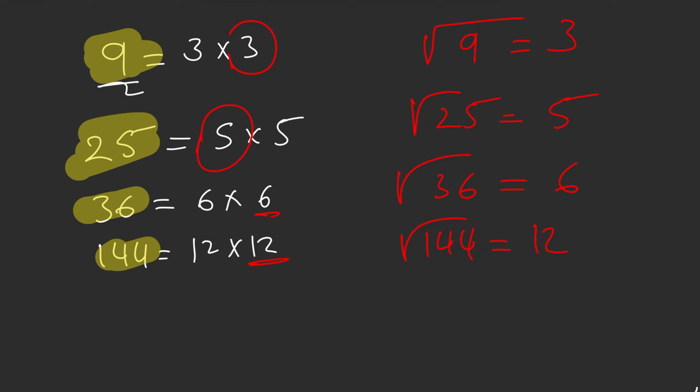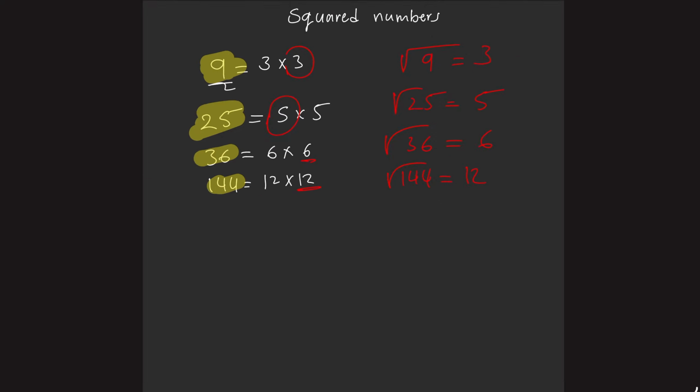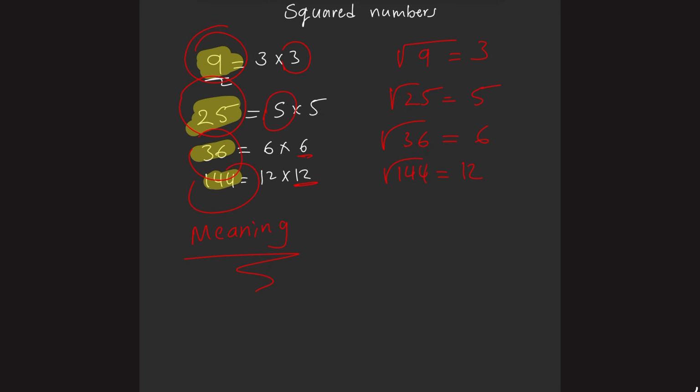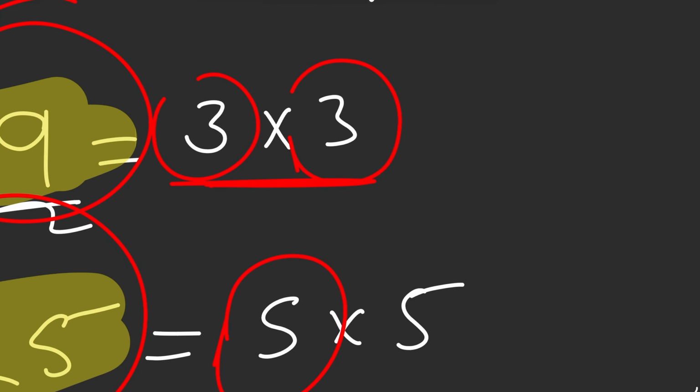The idea here is very clear. That's for squared numbers. So you should understand the meaning of a squared number, and you should know how to explain why these are squared numbers. Because they have two factors which are the same number.